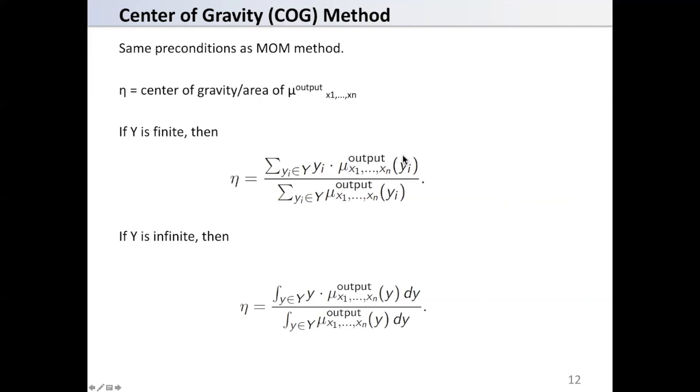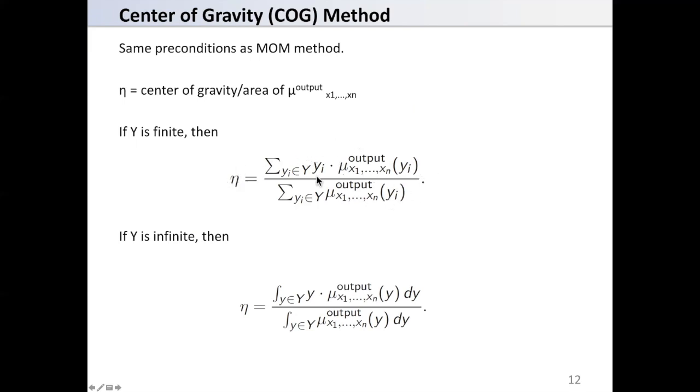Here we are not considering only the y values for which the membership is maximum. Instead, we are considering all the y values. So yi is multiplied by its membership value, and then we divide by the summation of the membership values for each possible yi.